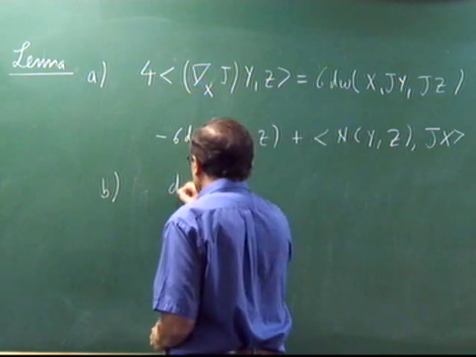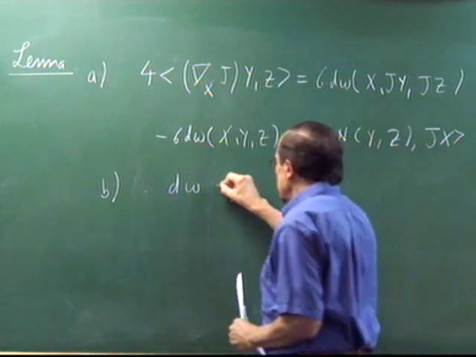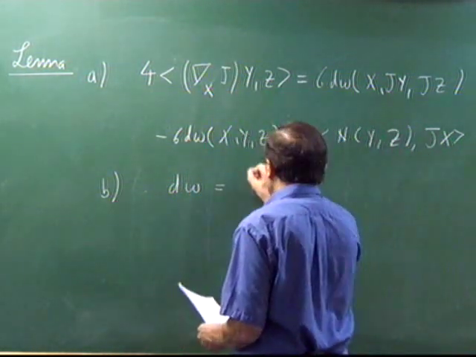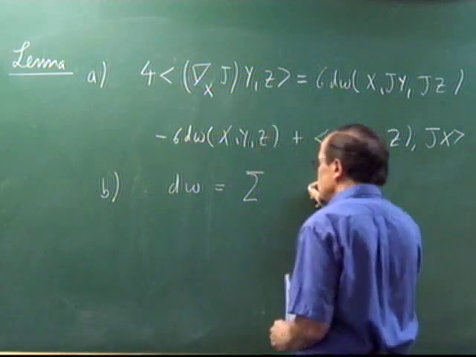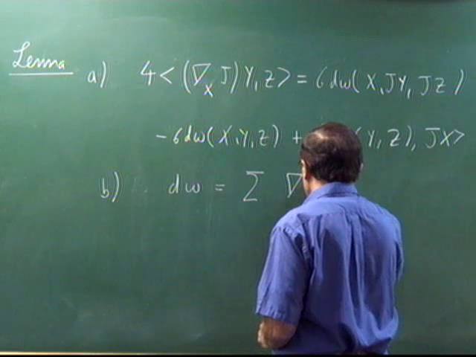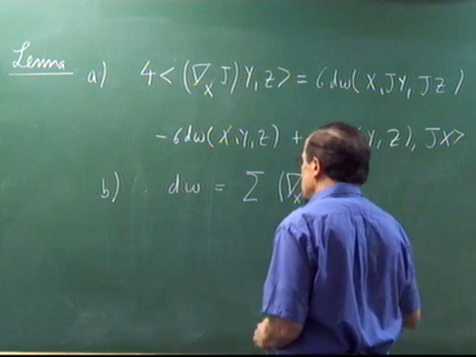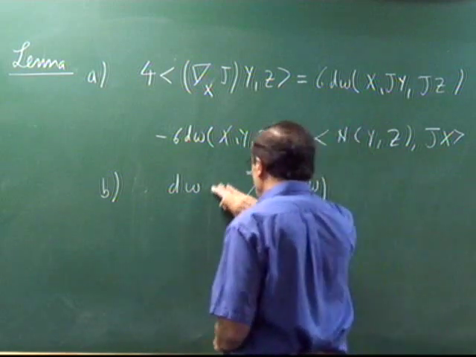Another formula, which is actually completely general, has nothing to do with Hermitian manifolds, just with Riemannian geometry, is that I can compute the exterior derivative of a form in terms of the covariant derivative of the form. So let's apply it to n plus 1 vectors.